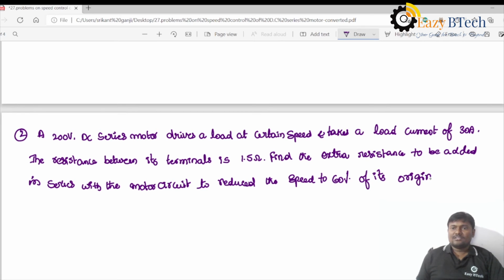The speed is reduced to 60% of its original value. Assume that torque is directly proportional to cube of the speed.